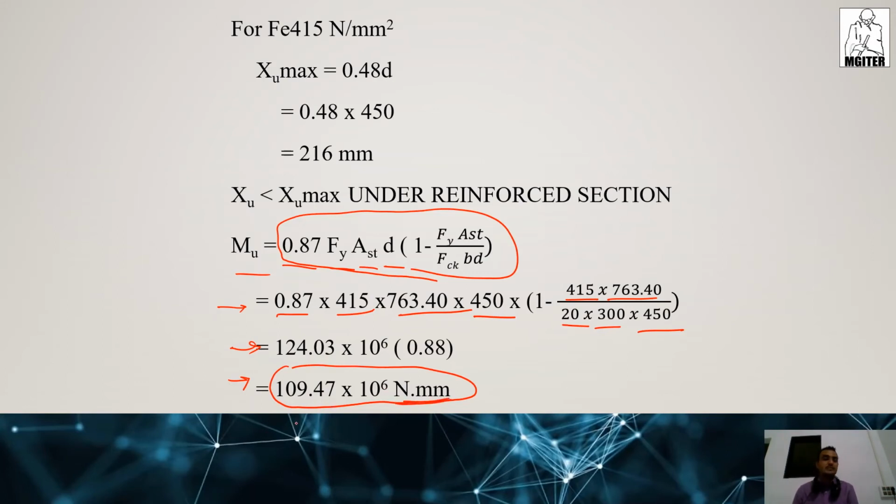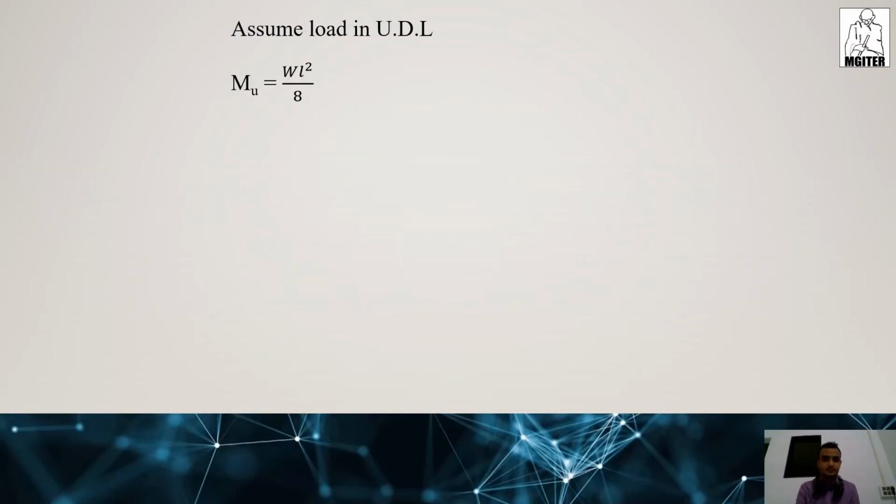Newton mm. This is the moment which can be resisted by the structure. It means the beam which we analysed can carry 109.47 into 10 raised to 6 Newton mm. That much moment your beam can carry. This is the moment of resistance.